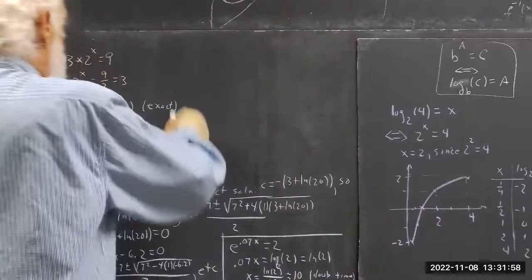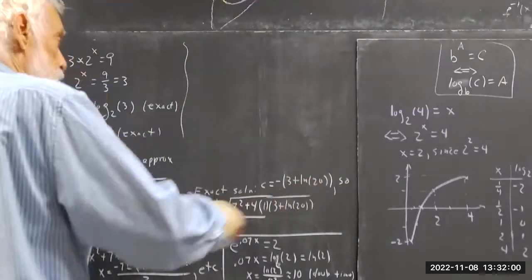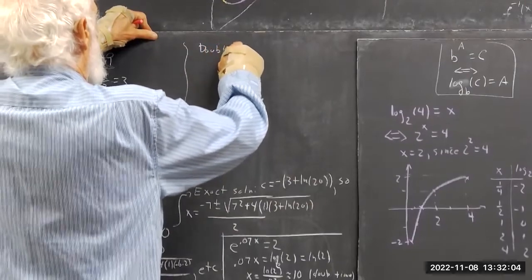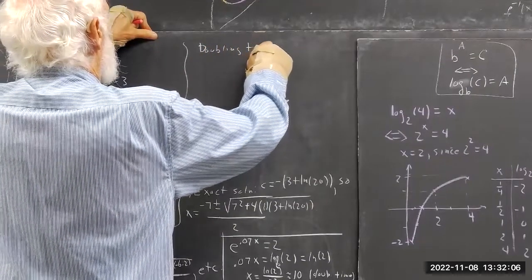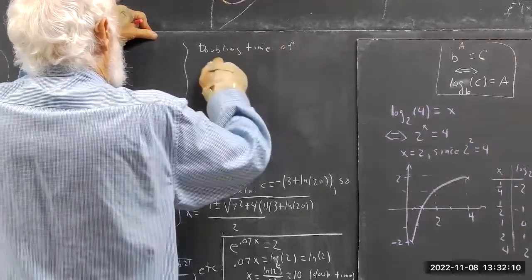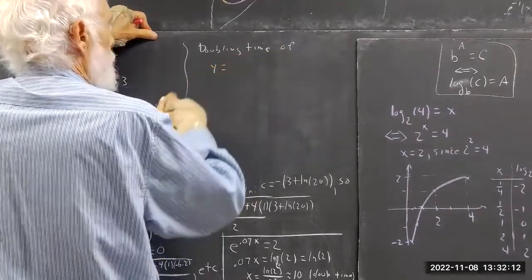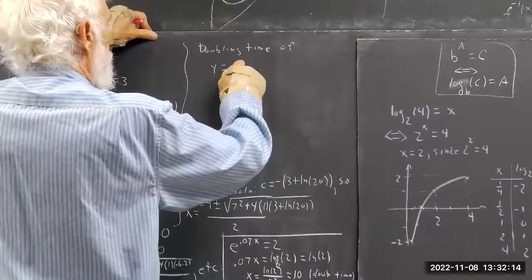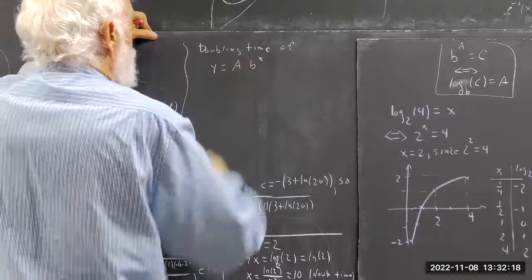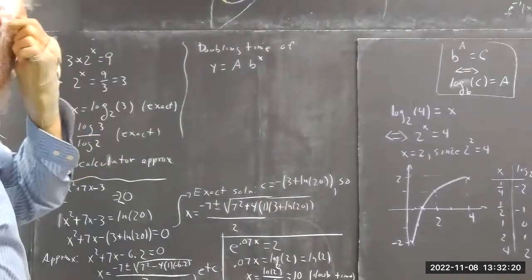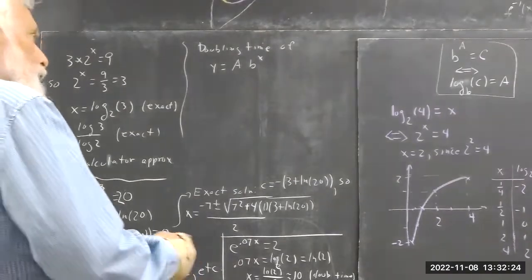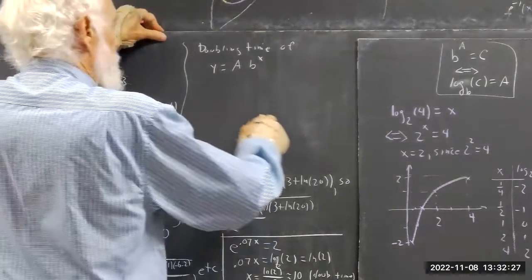So let's go ahead and talk about doubling time. The doubling time of y equals a b to the x. Now we can visualize that on the graph.